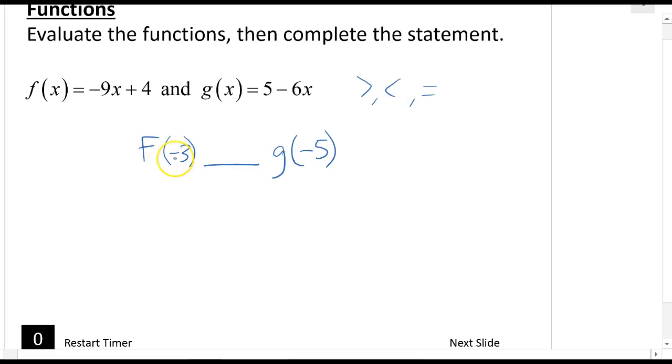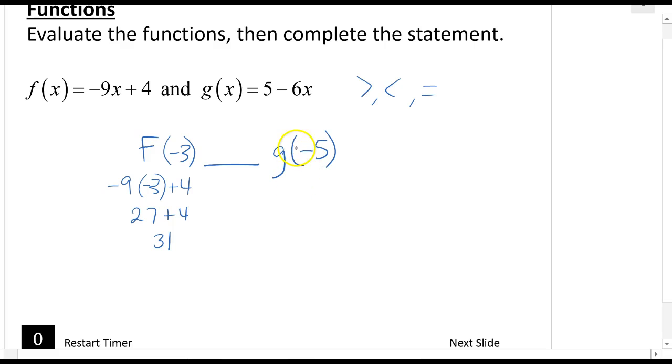Okay, so here we'll plug in -3. We'll input that, so we'll get -9 times -3 plus 4. So -9 times -3 is 27, plus 4 is 31.